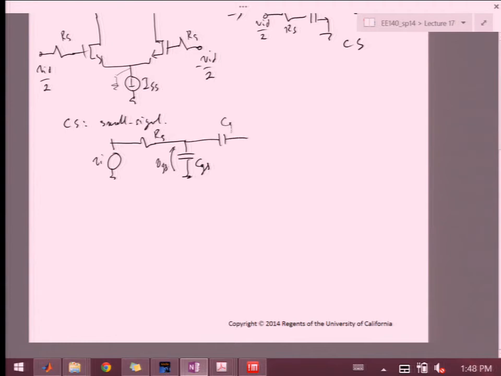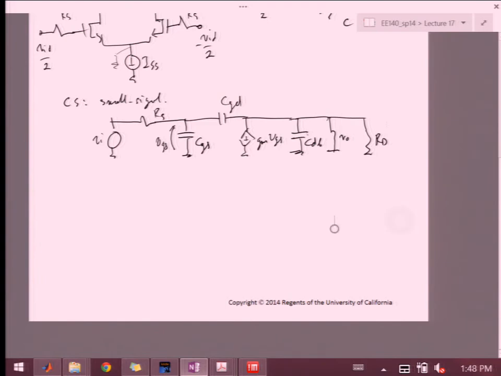Then we had CGD. We had GM-VGS, and then we had CDB, R0, and also our RD, and we neglected R0 because RD was typically much smaller than this.